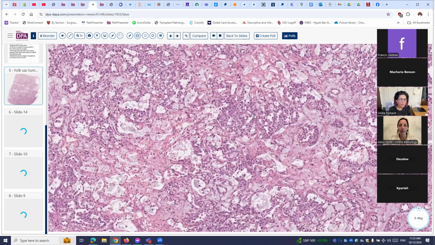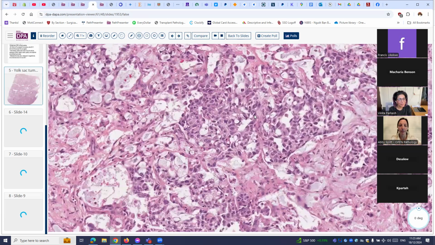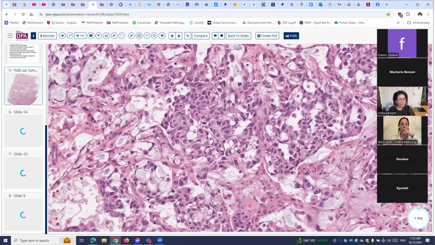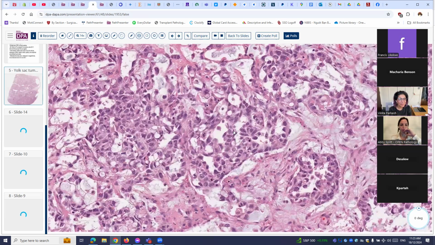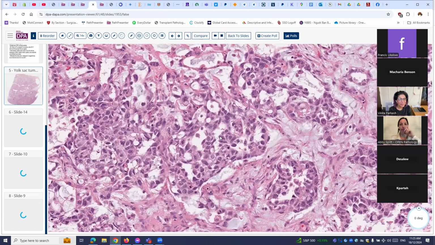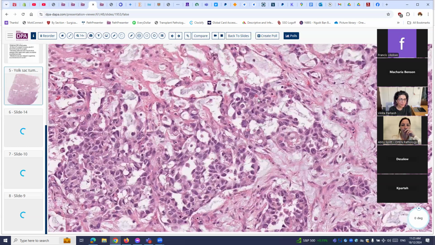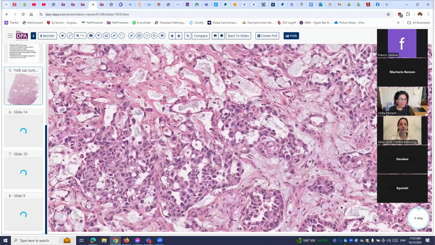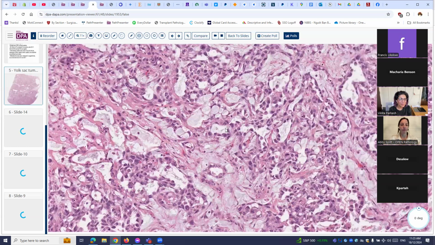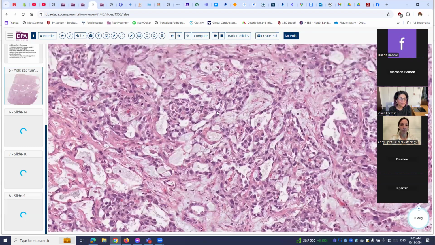You can see that there are some nests, and some secretory, mucinous material, signet ring-like cells as well, and some glandular structures with nuclear atypia, pleomorphism, and mitotic activity. Yep, there's a mitosis there.